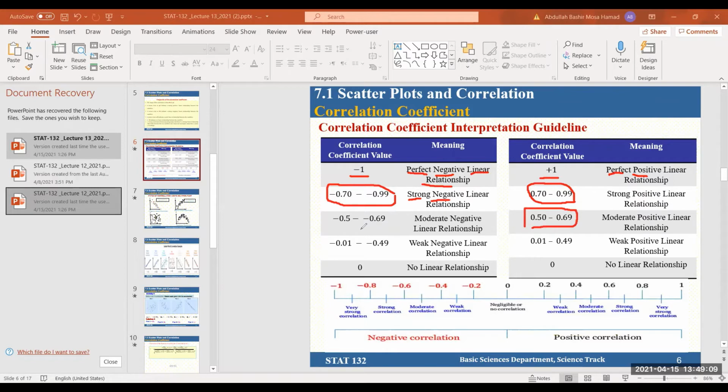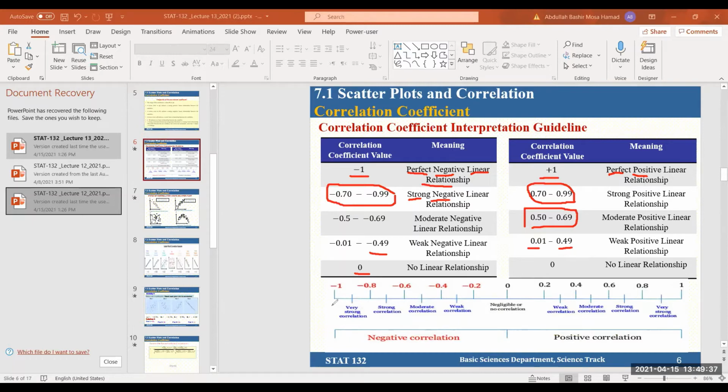If it is between minus 0.5 and minus 0.69, it is a moderate negative linear relation. Between minus 0.1 and minus 0.4, it is a weak negative linear relation. Of course, 0 is no relation. If 0.01 to 0.4, it is a weak positive linear relation.